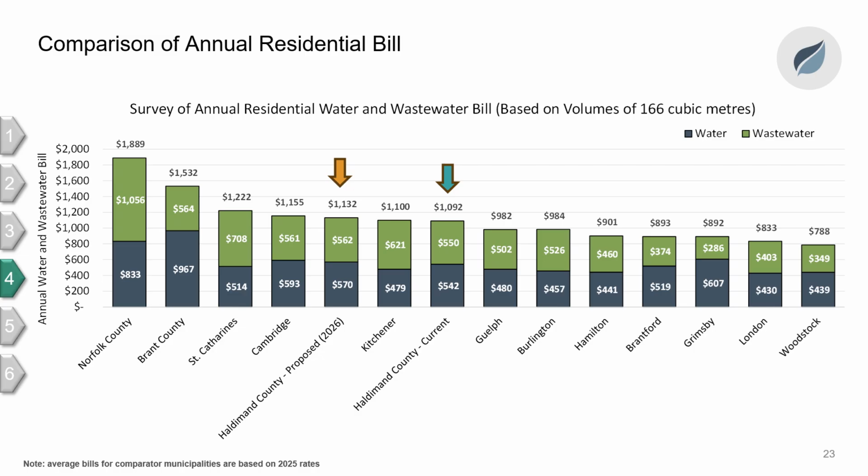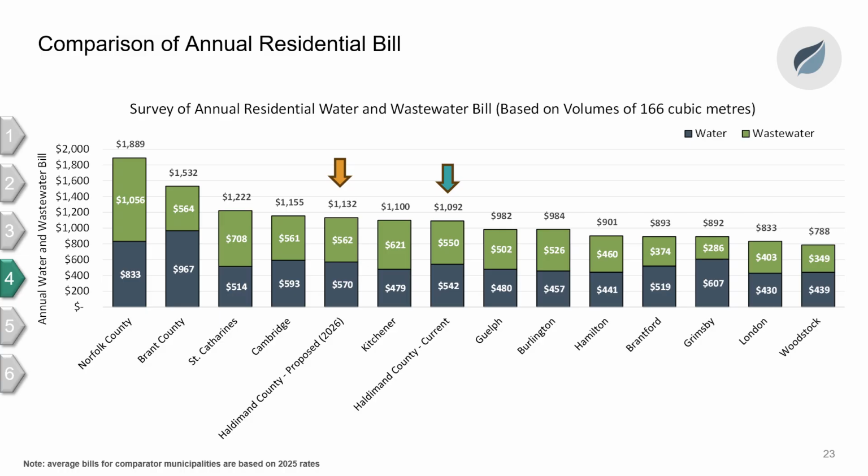And so when we compare to some of the neighboring municipalities and some other comparators, what we can see is, when we identify that rate increase on the water and wastewater side, we're going from a bill of about $1,092 today to $1,132 next year.